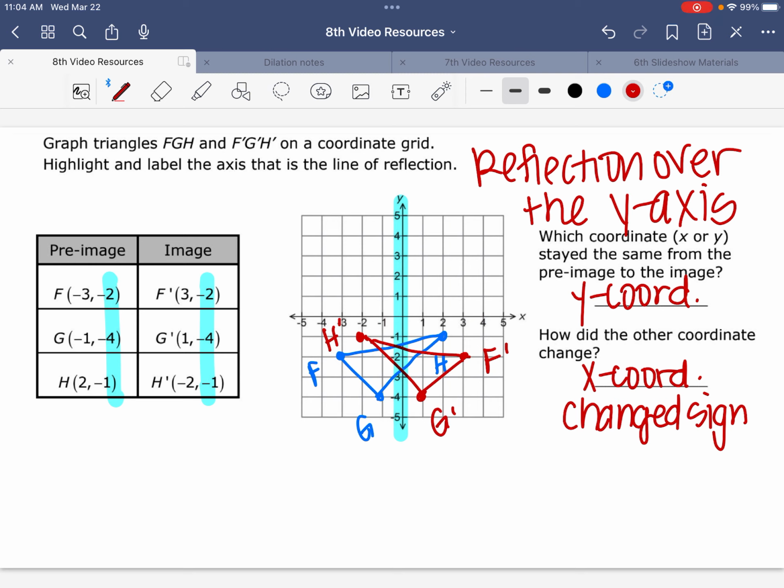And so just like the example we just saw when it reflected over the x-axis, we can write our algebraic rule. So our pre-image, which is (x, y), maps to our new image when it's reflected over the y-axis, and the sign of the x-coordinate changes. So we have the opposite of whatever x is, and the y-coordinate stays the same. All right, thank you.